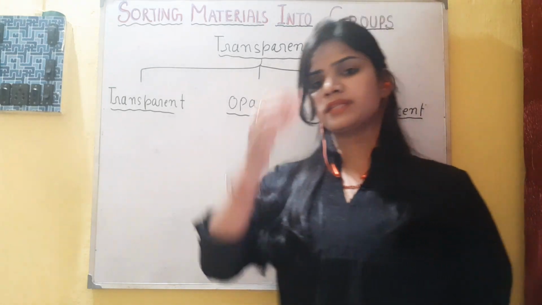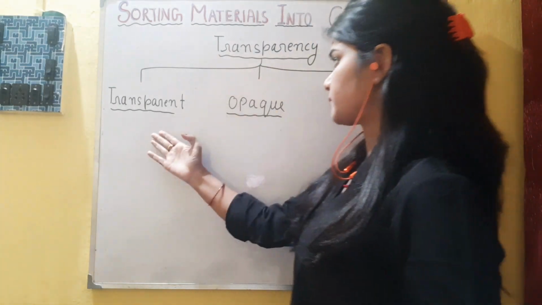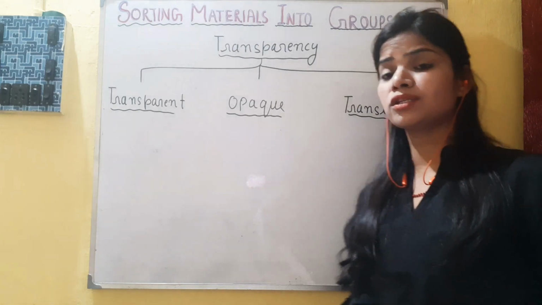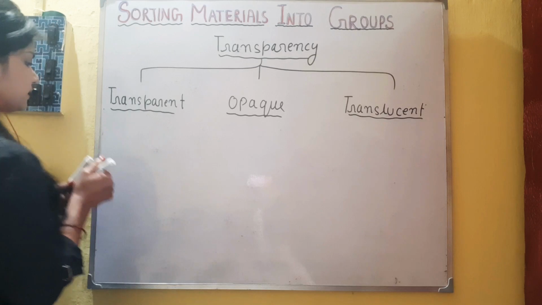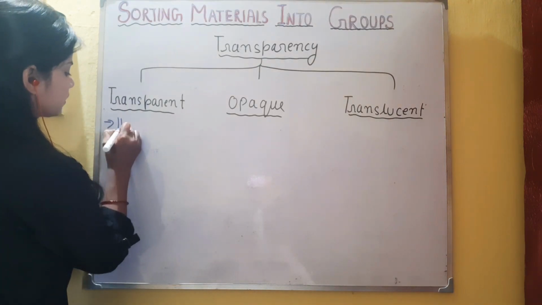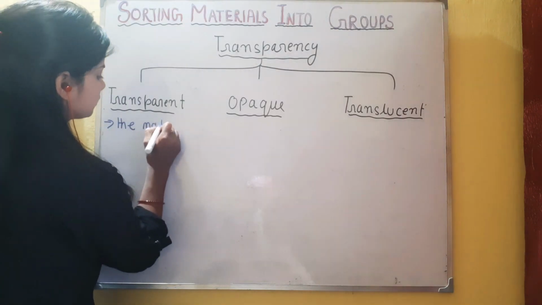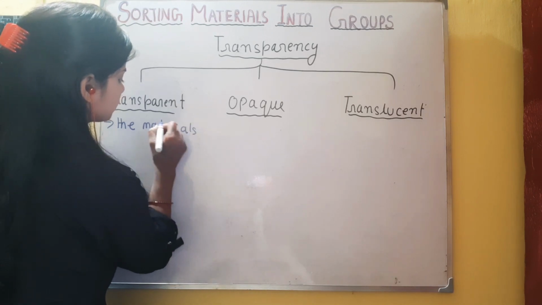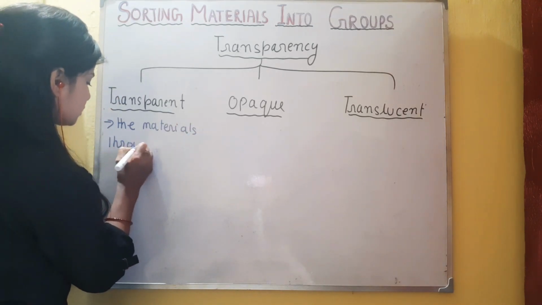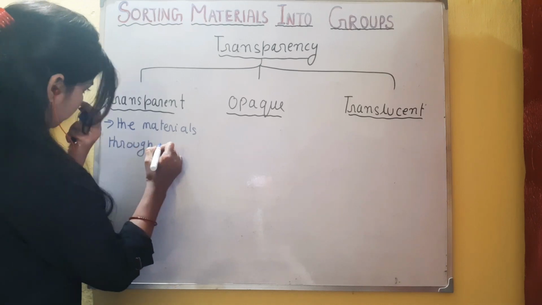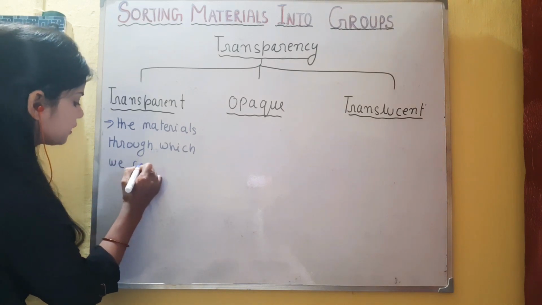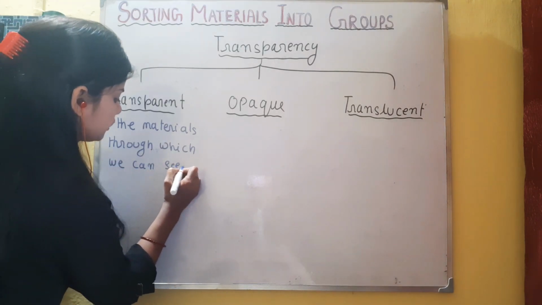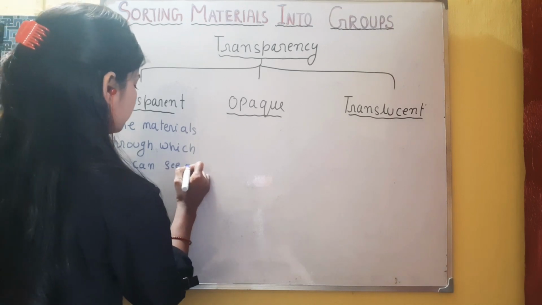Okay, now on the basis of transparency, we divide materials basically in three groups: transparent, opaque and translucent. Now what is transparent? So the materials through which we can see objects.